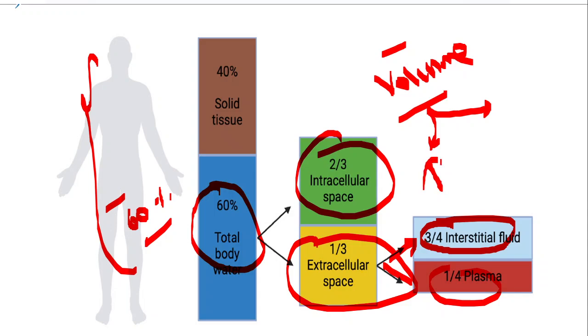There will be increased or decreased hydration, or volume overload, or shift of the volume where there is a significant edema. For example, in the case of nephrotic syndrome, albumin is not there, so there will be shift of intravascular fluid to the interstitial space. So these are the volume derangements which can happen.